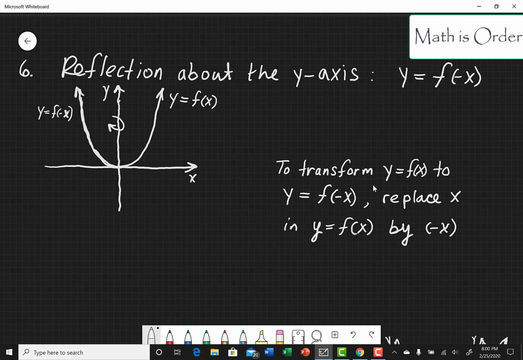And so to transform an original function, say y equal f of x, to y equal f of negative x, all we're doing is replacing x. Everywhere we see x in the original function, we're going to replace those x's by negative x.